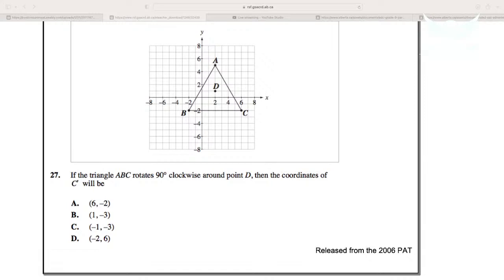B is -2, -2. Point C has coordinates 6, -2, and D, which is in the middle, is 2, 1.